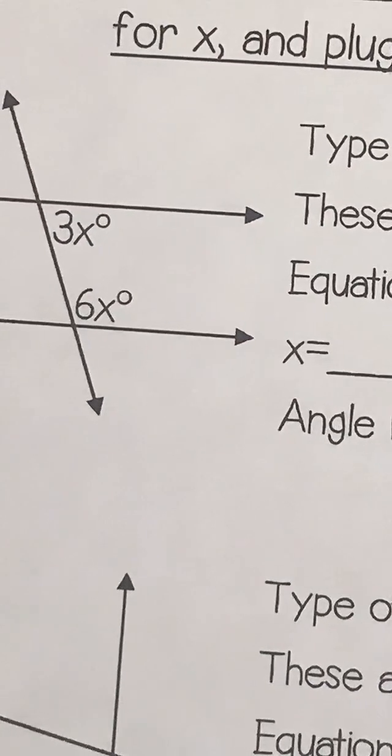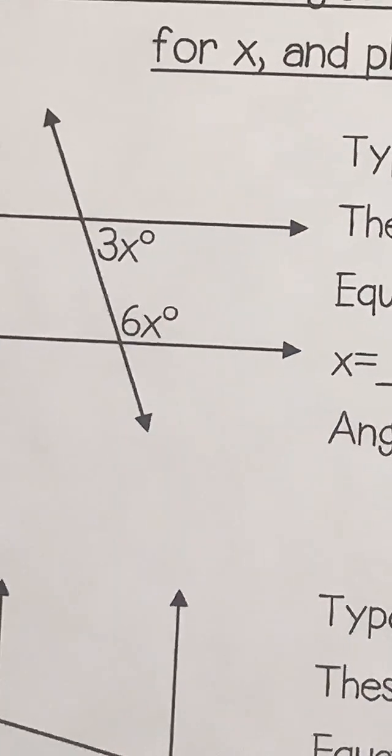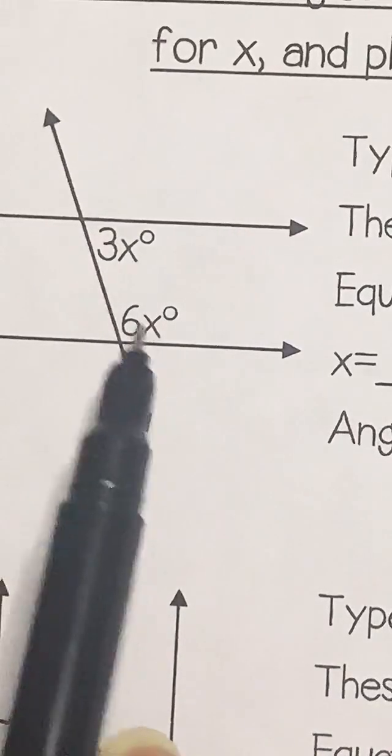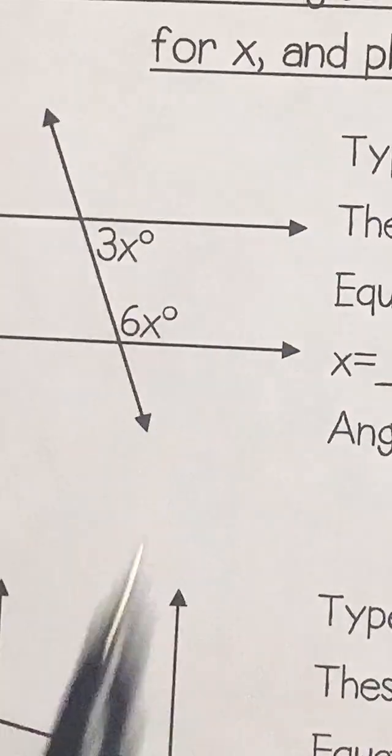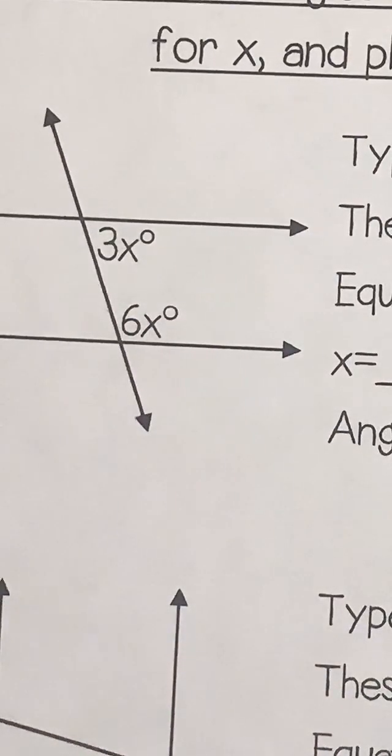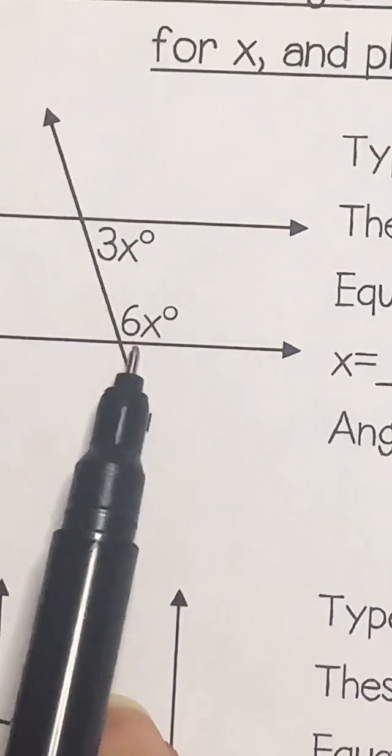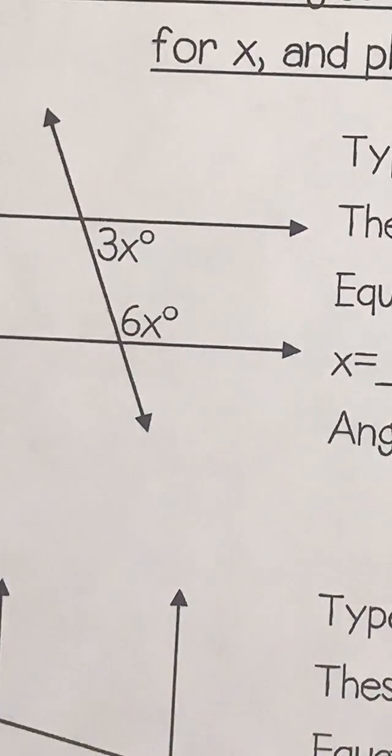We're just going to do a couple of these. So we have two angles. We have 3x and we have 6x. I want to know what x equals. Okay. What type of angles do I have here? So then we can find our x. Better next year, hopefully. Okay, we have supplementary, okay?